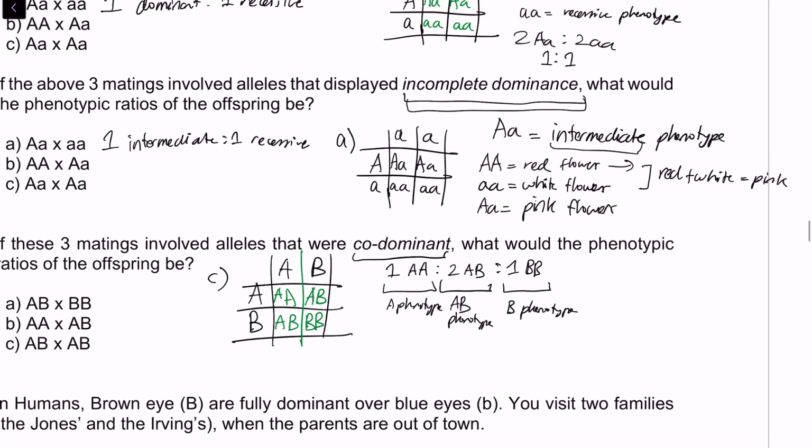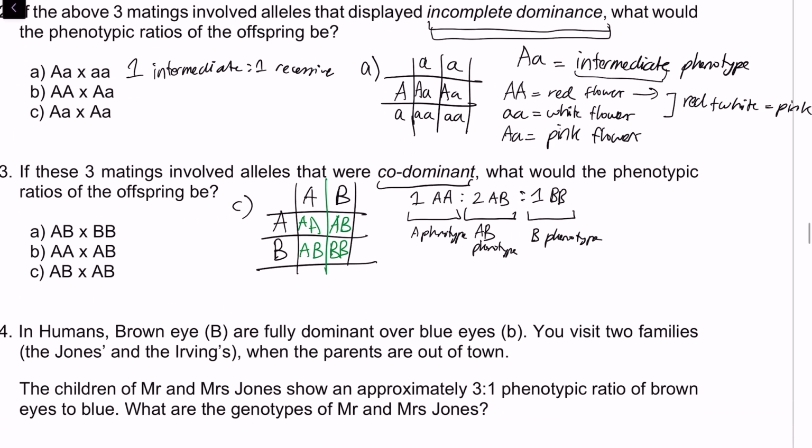So as opposed to incomplete dominance where there's a blending, codominant actually means that the AB phenotype will actually show both A and B phenotypes completely, but separately.